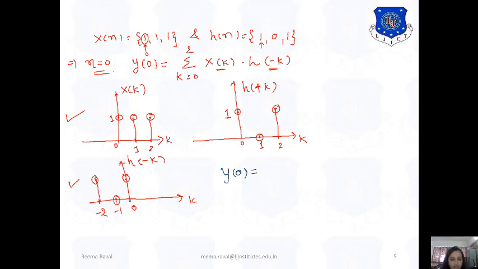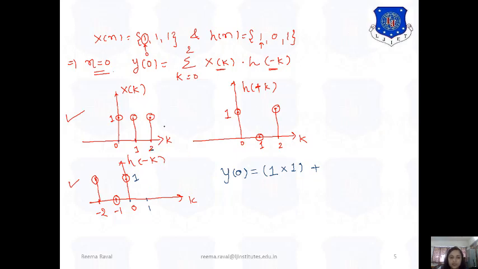That means at instant 0 the value of x of k is 1 into at that particular instant the value of h of minus k is also 1, right? So this will give 1 into 1 plus, now here in x of k at instant 1 the value is 1, but in h of minus k at instant 1 there is no value, so we are not considering that, or else we can call it as 0.